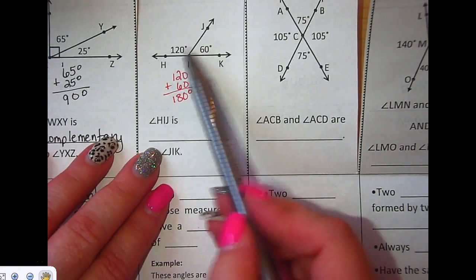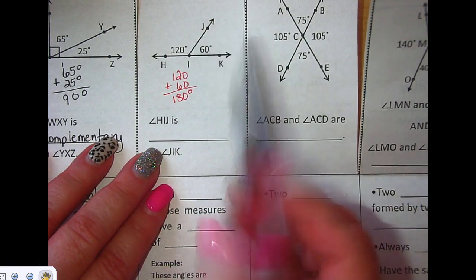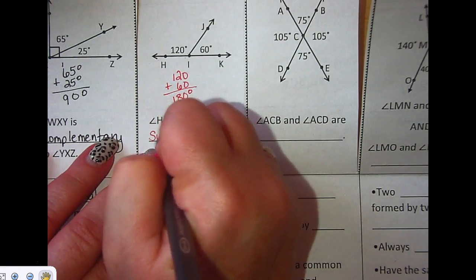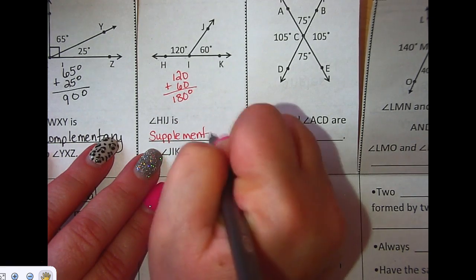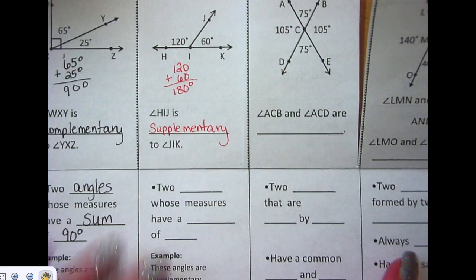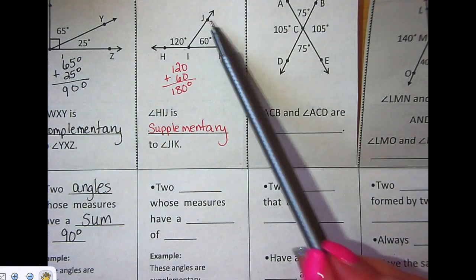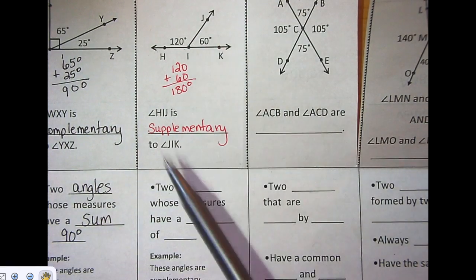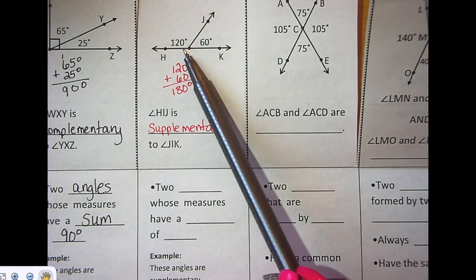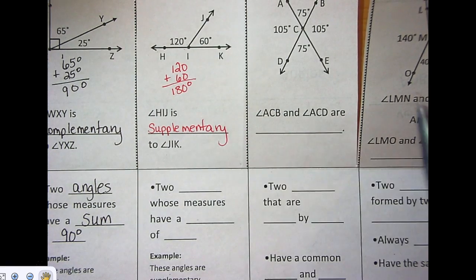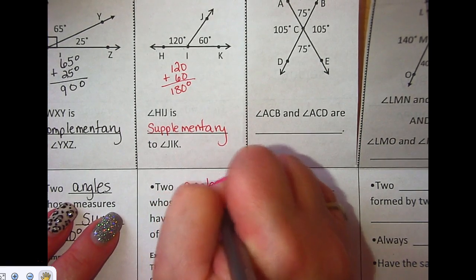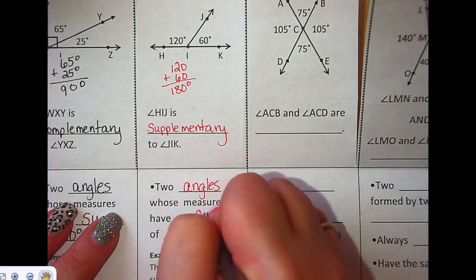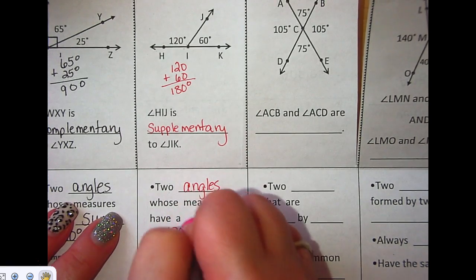So angle HIJ is supplementary to angle JIK. The vertex is always your middle letter. So that's two angles whose measures have a sum of 180 degrees.